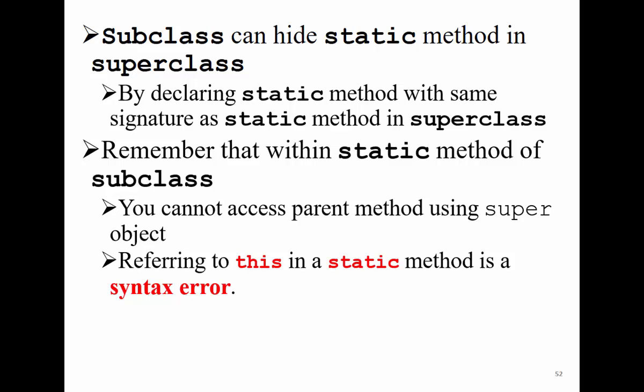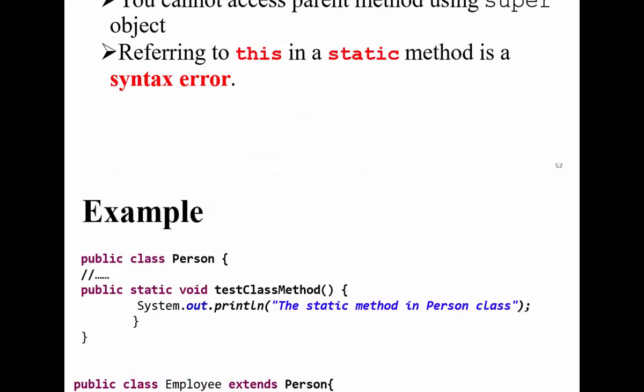Remember that whenever you write a static method inside the subclass, you cannot access the parent class using super, because super means you are referring to the object, and you cannot use this inside the static methods. It will give you a syntax error. So static methods can access only static fields, and you cannot use this or super inside the static methods.